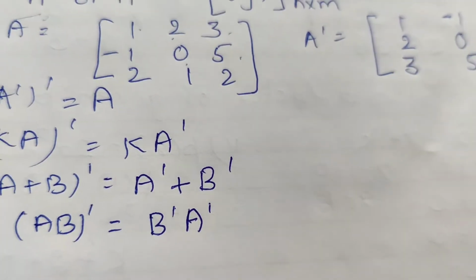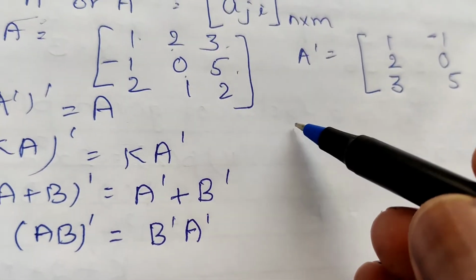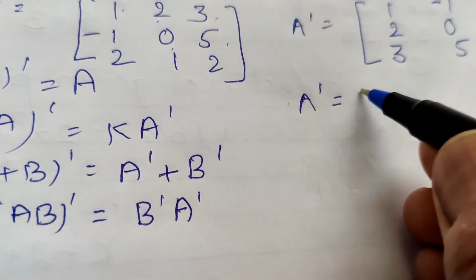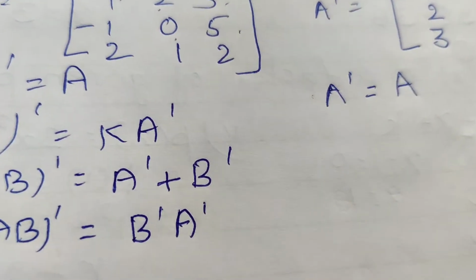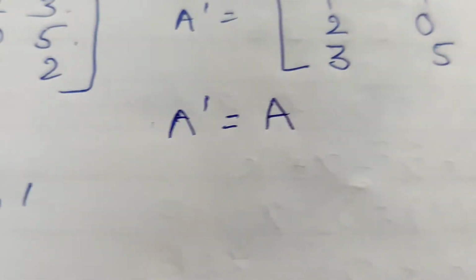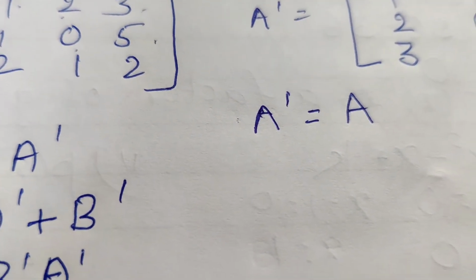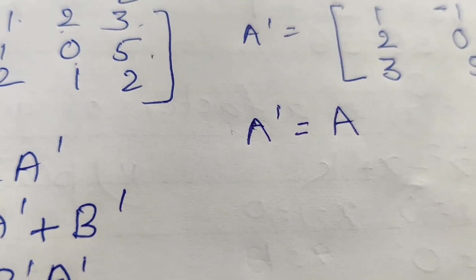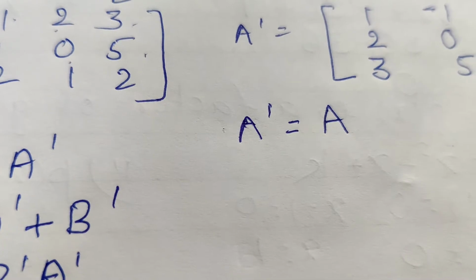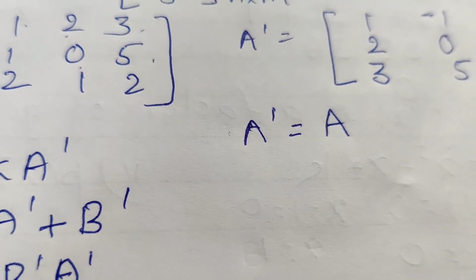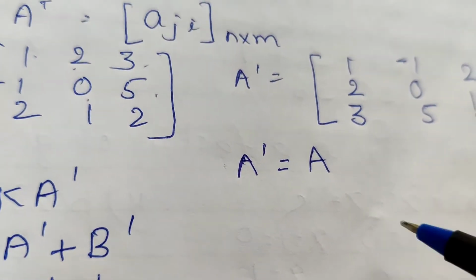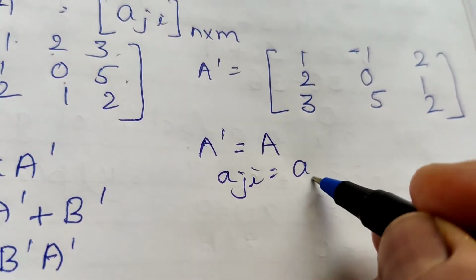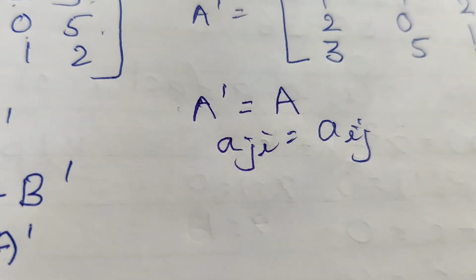And the symmetric matrix: a square matrix A is said to be symmetric if the transpose of A is equal to the matrix itself. A square matrix is called a symmetric matrix if the transpose of itself is equal to the matrix itself, that is, Aij equals Aji. Aji transpose is this and the initial is this.